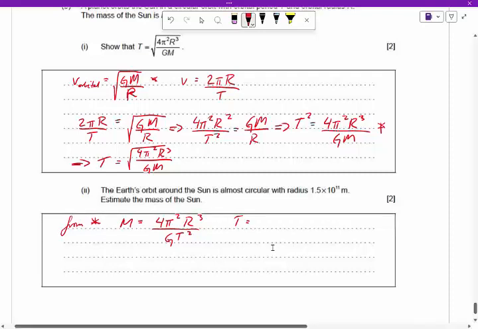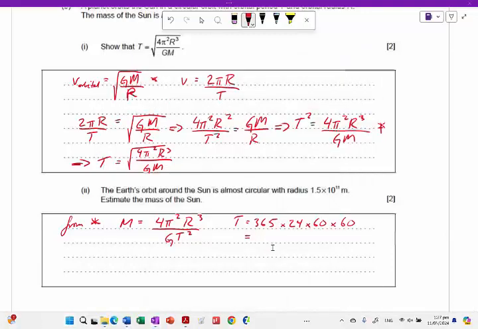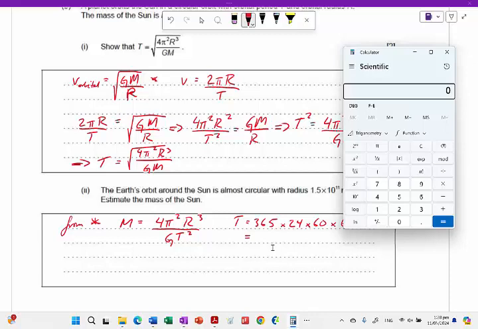So we can say T is equal to 365 times 24 times 60 times 60. And then we can plug this in, and we get 3.1536 times 10 to the 7.